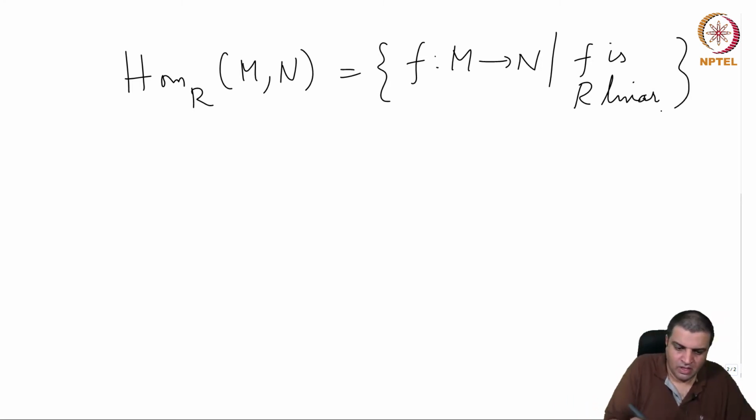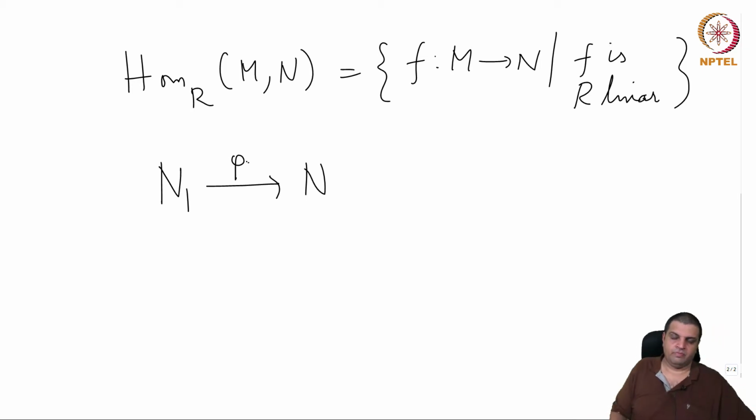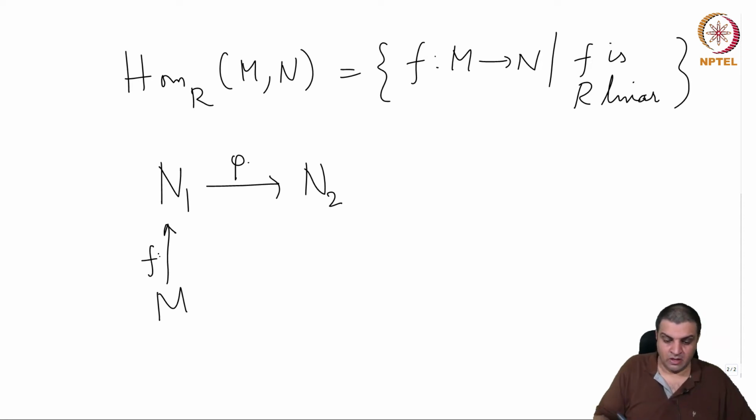Okay. So suppose we had N1 to N2. This is some phi, N2. Okay. And we have a map from M to N. This is some f. If we compose this, we would get a map like this.